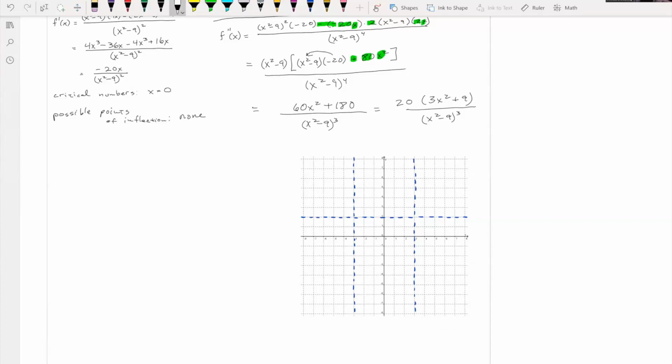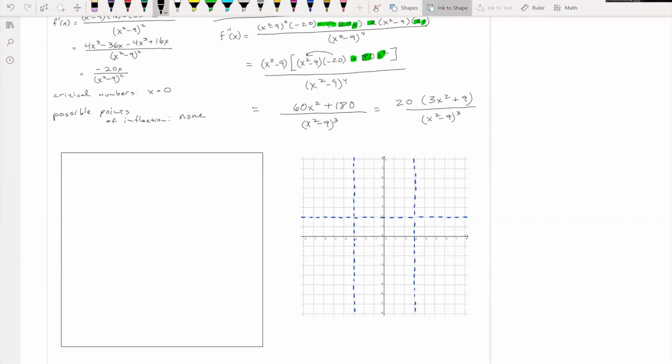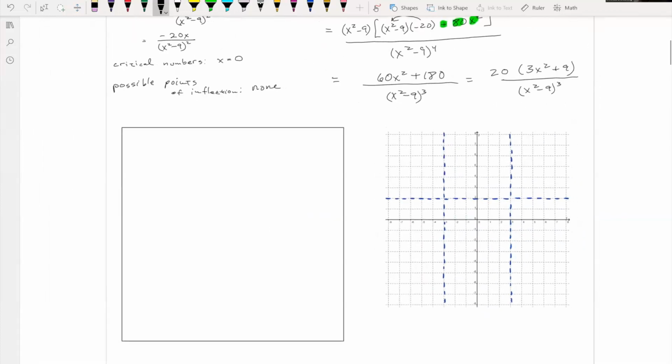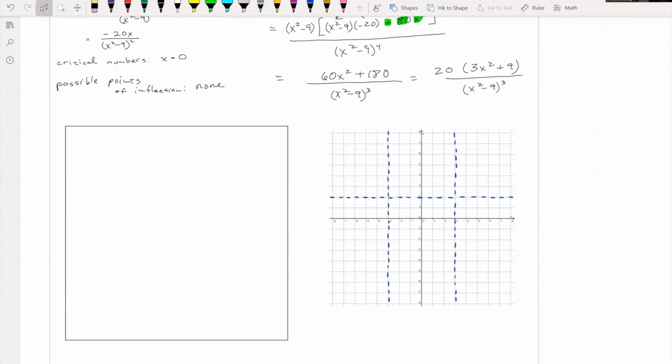So when we build our table, we want to include asymptotes, critical numbers, and possible points of inflection, where we're going to put our intervals vertically.